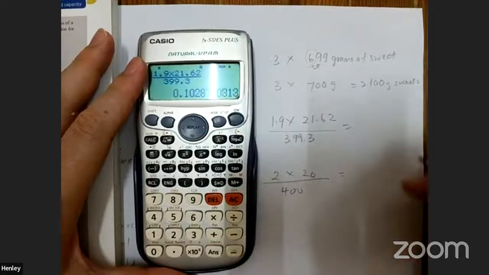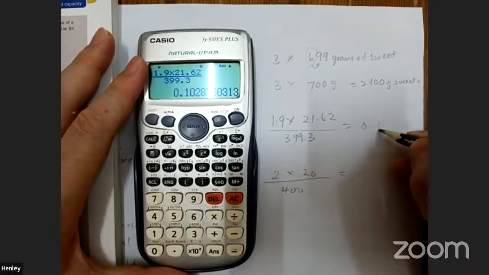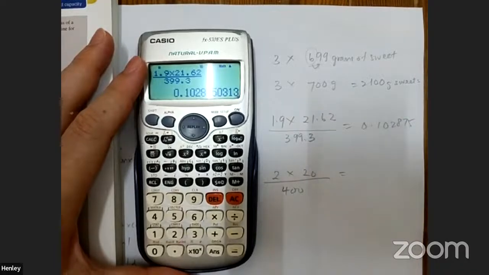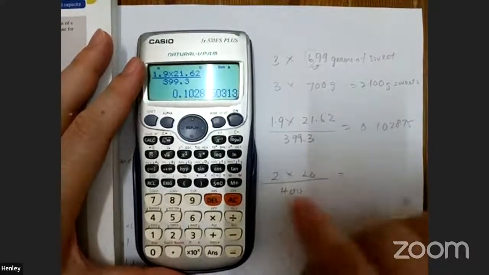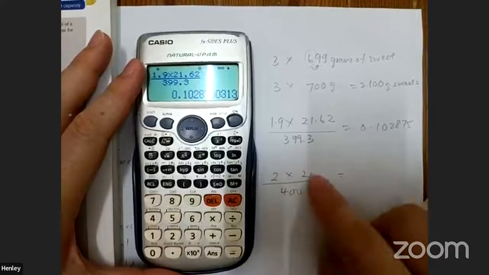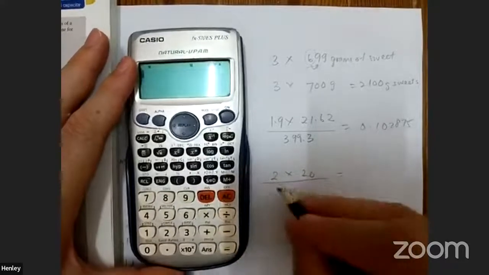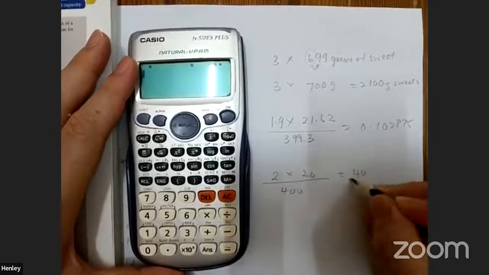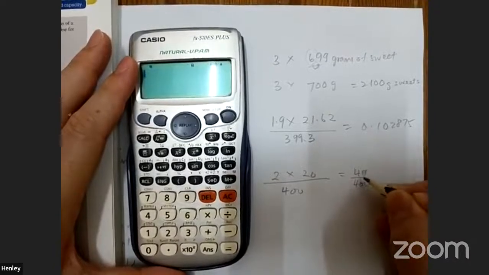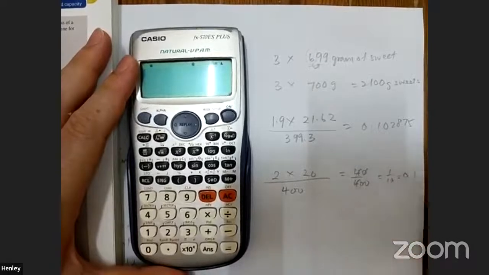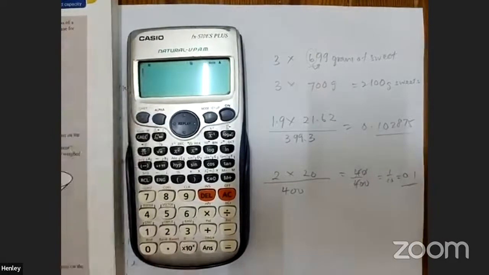So the exact number will be 0.102875. From here we can make it easier: this is 40 over 400, and then we cancel out, so it's 1 over 10, which is 0.1. Can you see the answer is good enough already as an estimate?